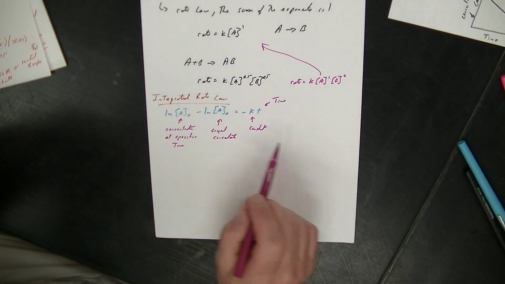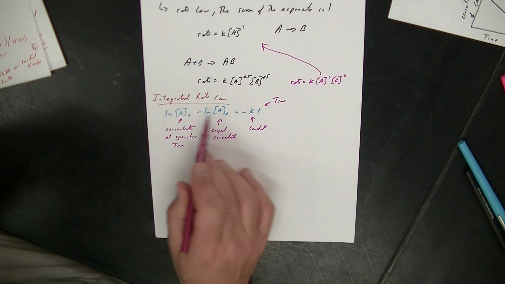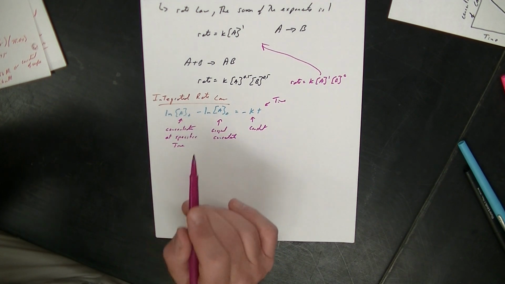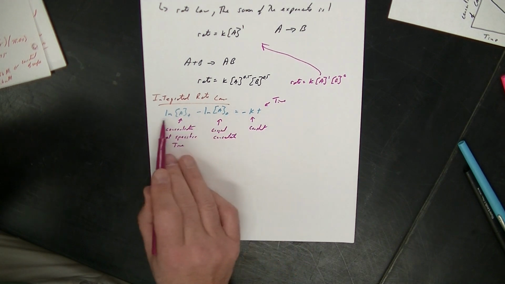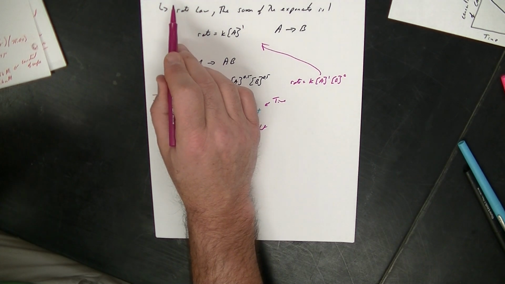So this is going to let us calculate concentrations at specific times during a reaction with this equation. That's what this is for, and this equation is only for first orders.